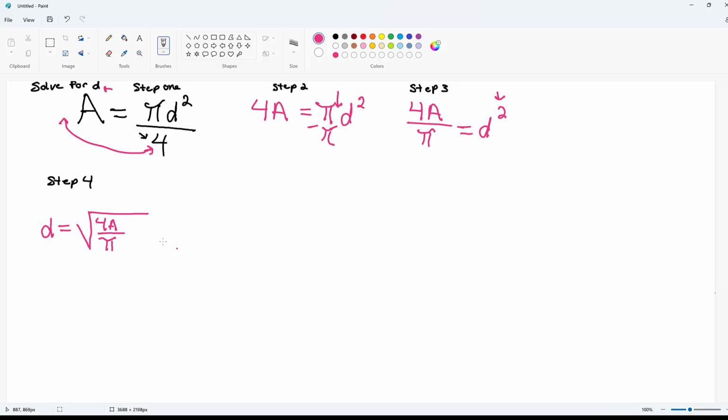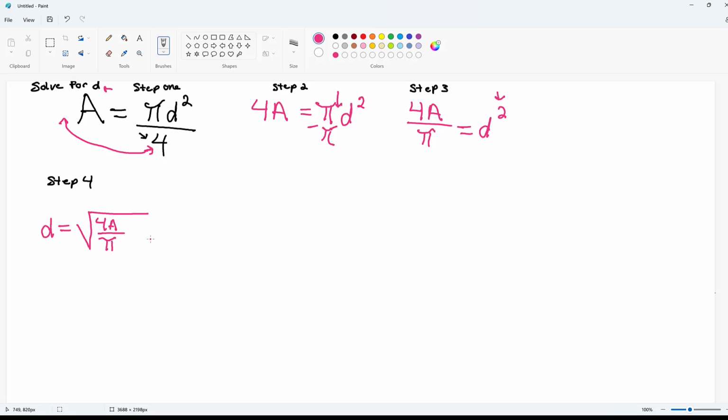pi. Okay, we have another problem here. You can't square an entire fraction. That's not rational. So they call it rationalizing the denominator, because you don't want that denominator squared. You just want the top squared.